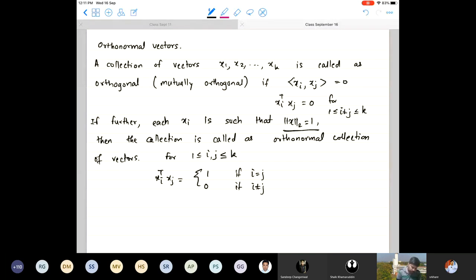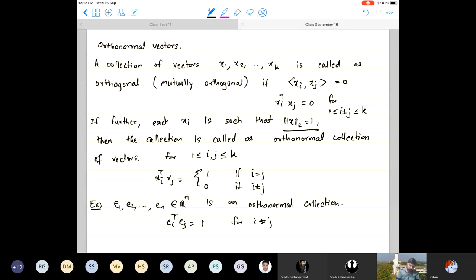So what are the examples of orthogonal or orthonormal vectors? The first example of orthonormal vectors is unit vectors. So e1, e2 up to en, all belonging to Rn, is an orthonormal collection. These unit vectors are really very interesting. ei transpose ej is equal to 1 for i equal to j, and is equal to 0 for i not equal to j.